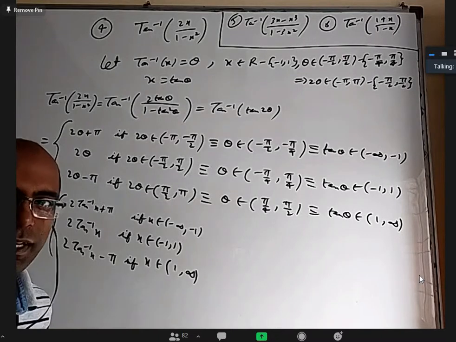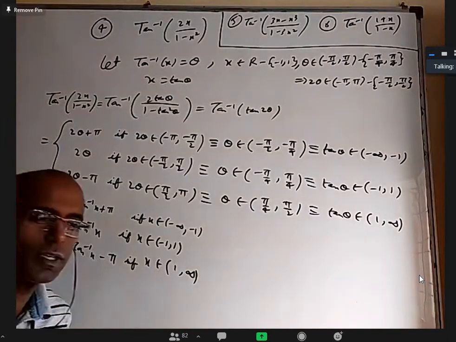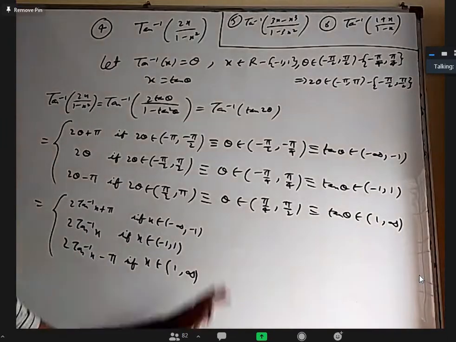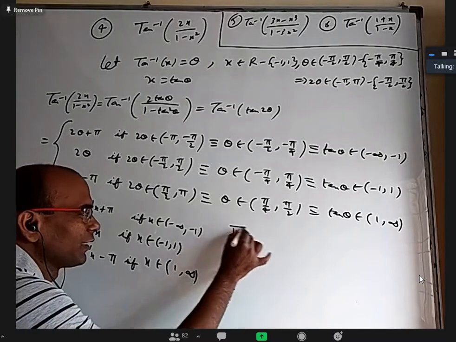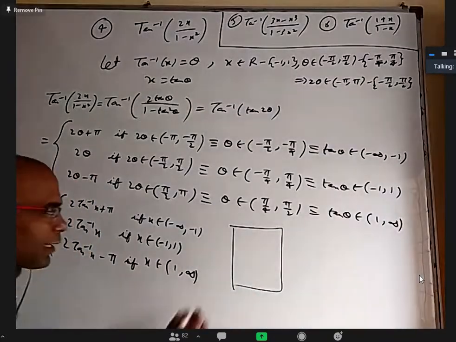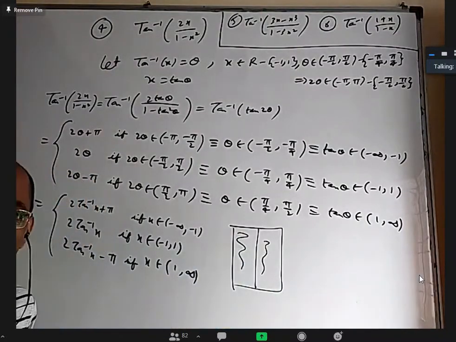One more good thing that I observed in whomever I checked the notes, except one student that I came across yesterday, everybody wrote very nicely. One thing I don't like, it's not a good idea also. Normally in a notebook, some people draw a line like this and write here and write here. That doesn't look that good.